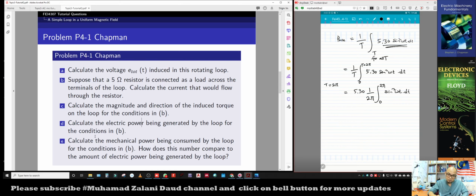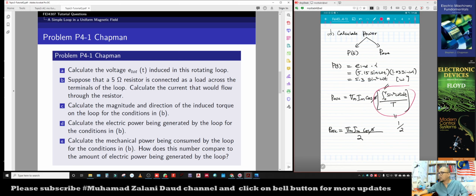So this particular part of power is half. Why? Because you can see in the Google result just now that 1 over t integration from 0 to t of sine square omega t dt, this is the power average, which is half.